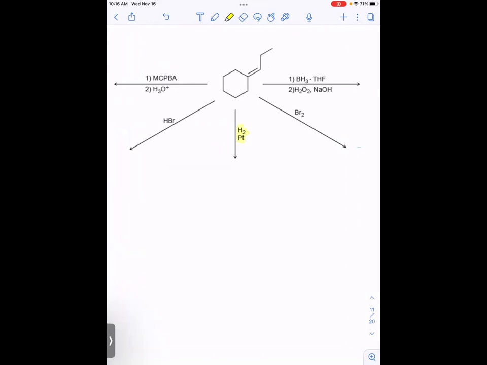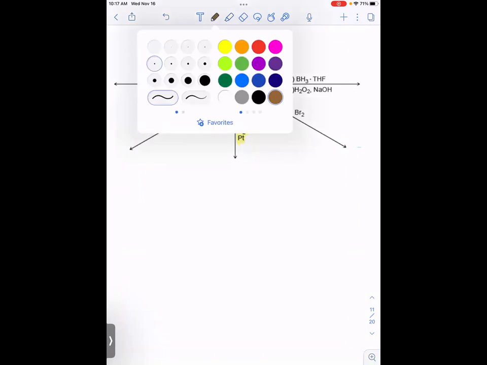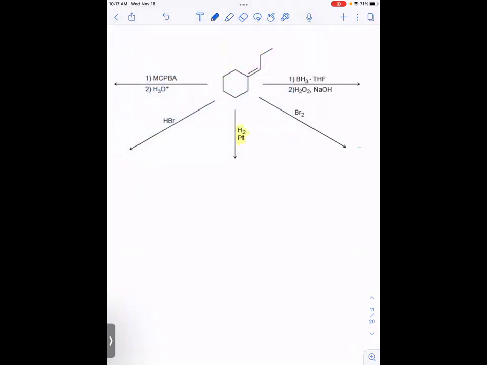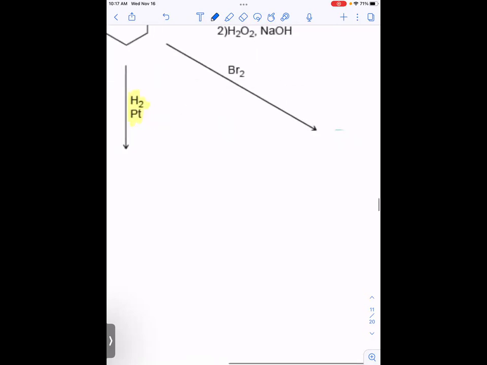What will be the product if I took that alkene and I treated it with hydrogen gas and platinum? What type of reaction is that? What's the name of that reaction? Anybody? Okay, good. This is a hydrogenation. What does it do?